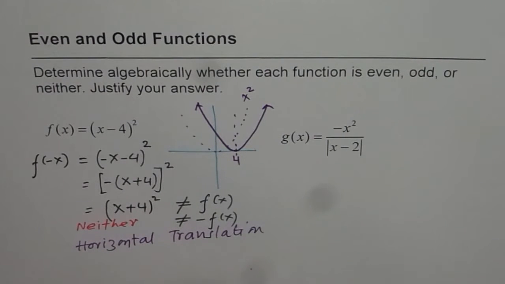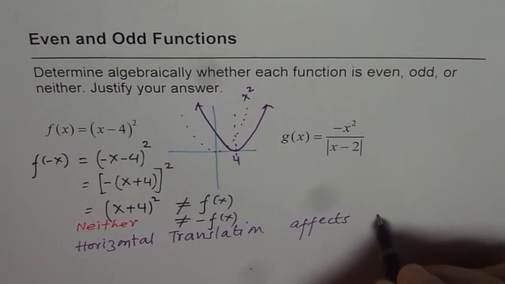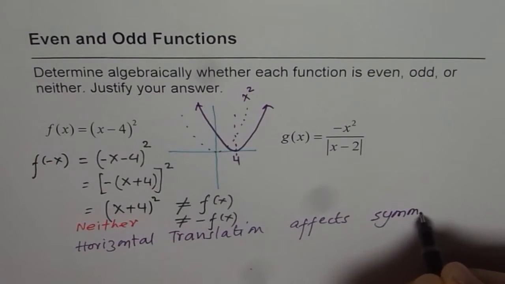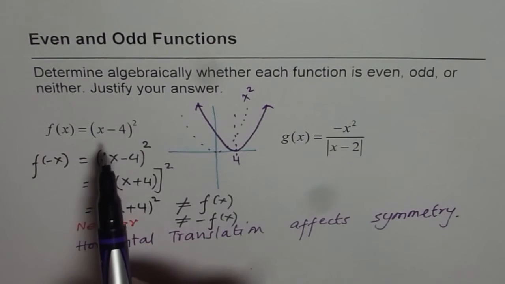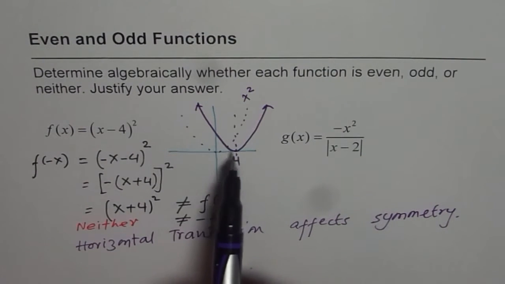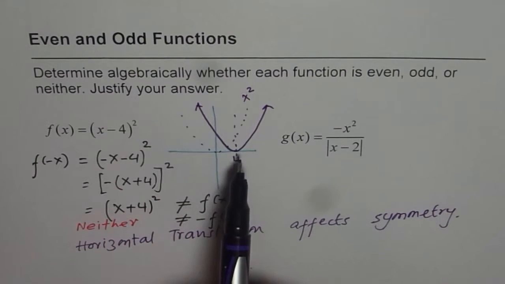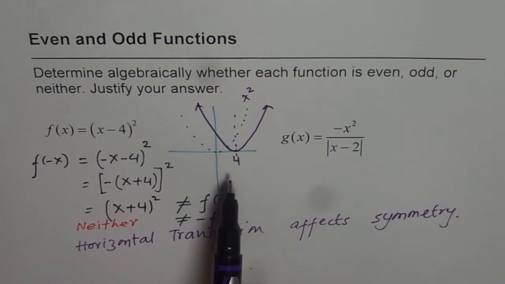So horizontal translation affects symmetry. That is very important to understand. And in case the original function, the parent function, is even, if it's translated left or right, it is neither, since the line of symmetry has changed from the y-axis to some other point, right?